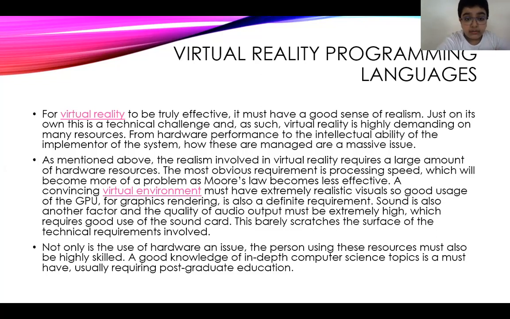As mentioned above, the realism involved in virtual reality requires a large amount of hardware resources. The most obnoxious requirement is processing speed, which will become more of a problem as Moore's law becomes less effective.